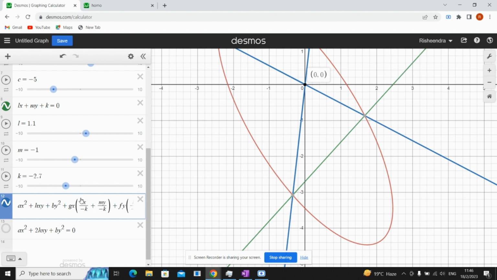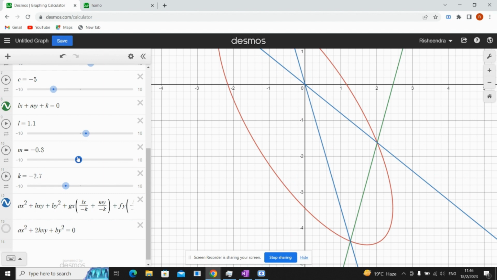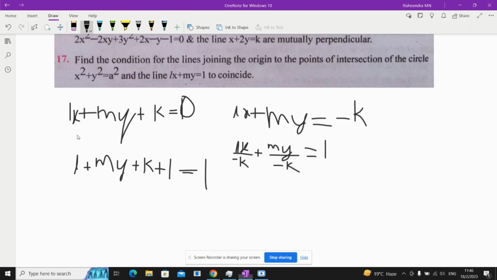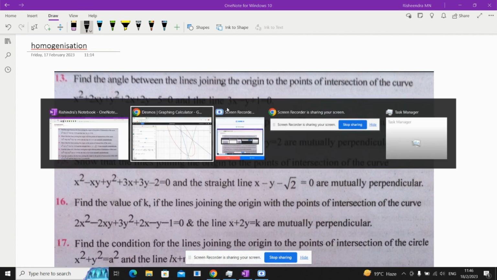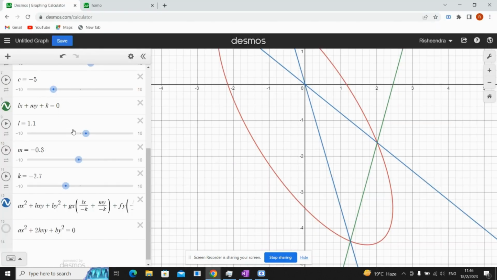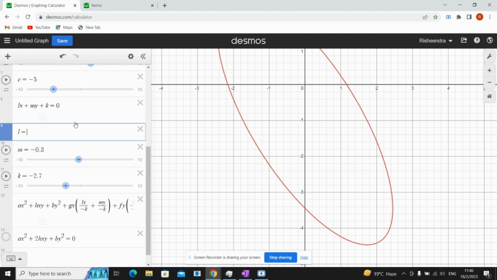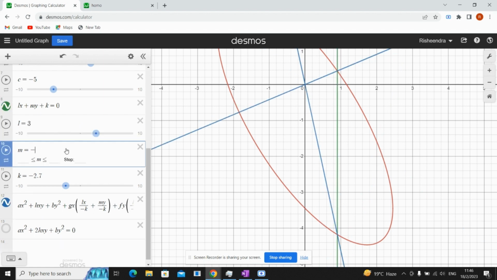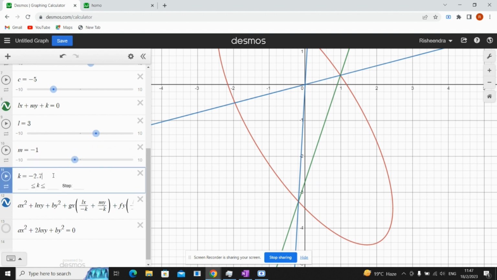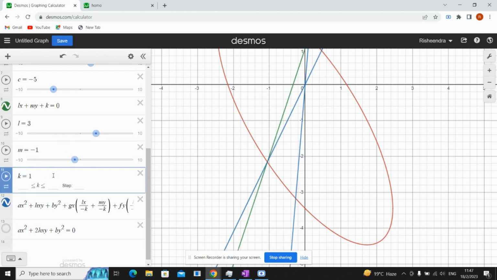See, look at this question. Okay, finally, let's adjust the values according to the question. What is the value of the straight line? 3, -1 and 1, right? 3, -1, 1.